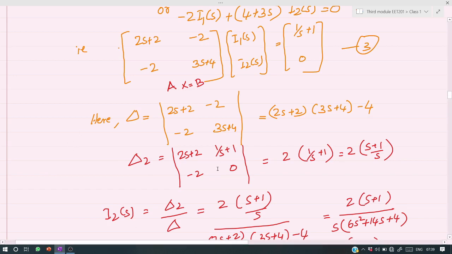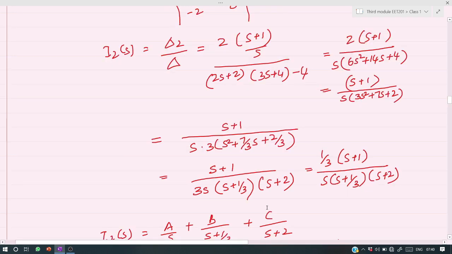So this is that matrix. Determinant delta 2 is obtained as 2 into S plus 1 divided by S, and delta is the determinant of the A matrix, and it can be obtained as 2S plus 2 into 3S plus 4 minus 4.